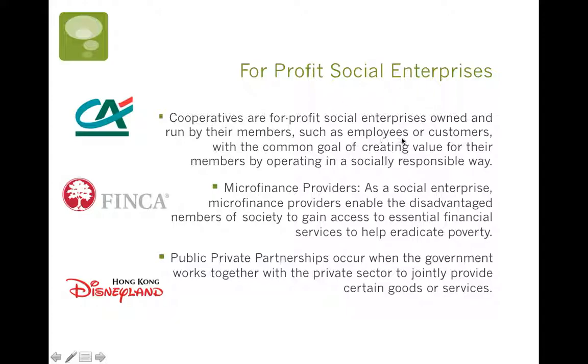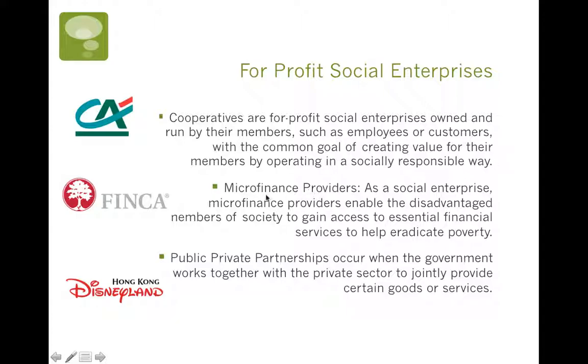Members could be the employees or the customers. In the case of Crédit Agricole, if you're a customer of Crédit Agricole, you are also a member of their organisation. So what you put into the organisation also generates back what you get out of the organisation. So they're not operating on the same kinds of profit levels as a for-profit company. However, they have social objectives.